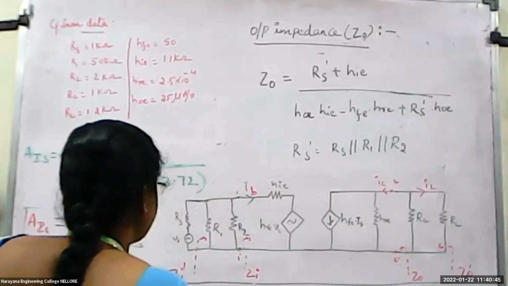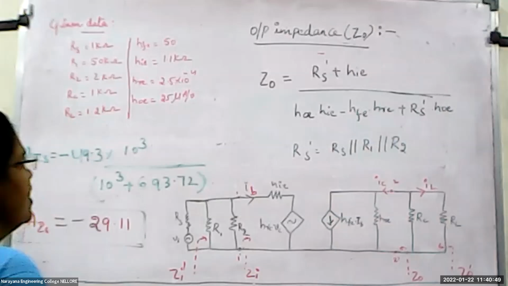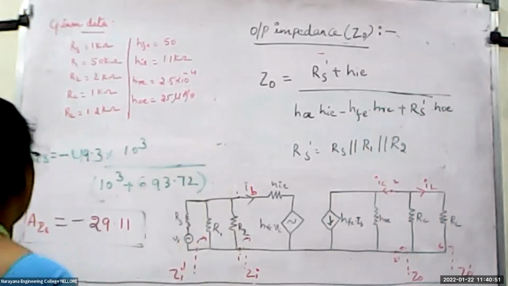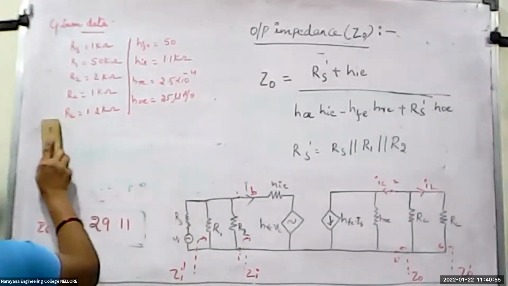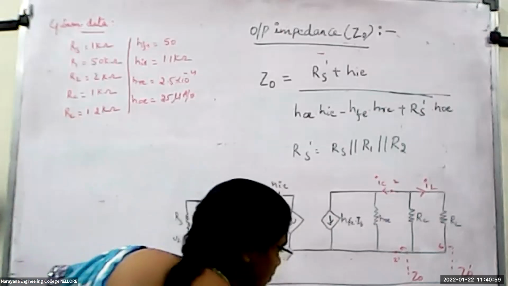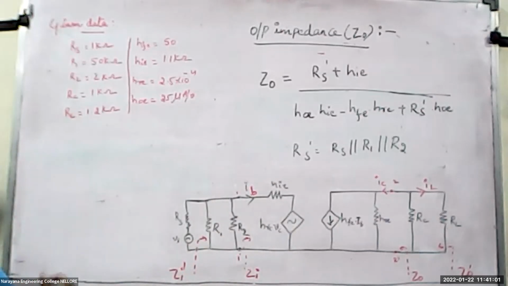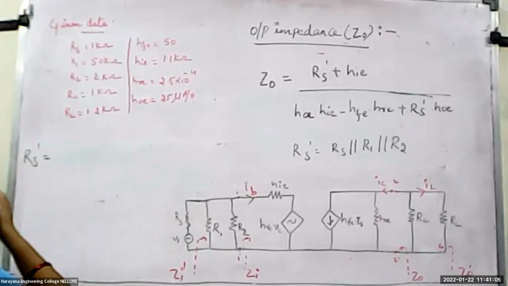So calculate the RS dash. First calculate the RS dash value and substitute that value in the above equation.